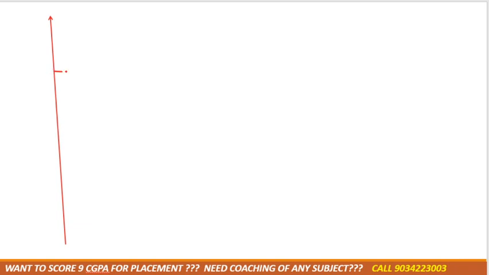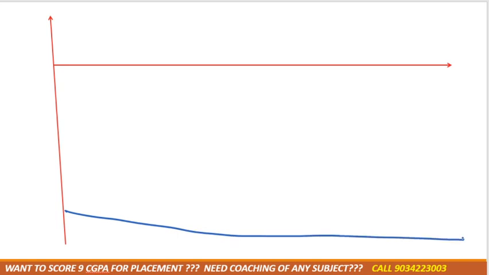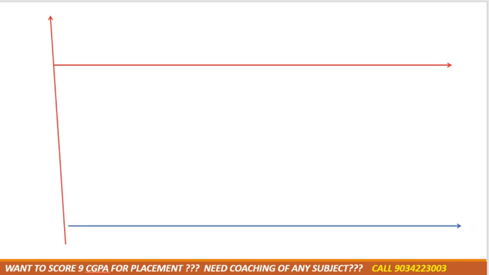Okay. So now we have to draw two plots, one for the magnitude and one for the phase angle, right? So it starts from 0, then 10, 20, 30, 40, and so on, minus 10, minus 20, minus 30, minus 40, and so on.